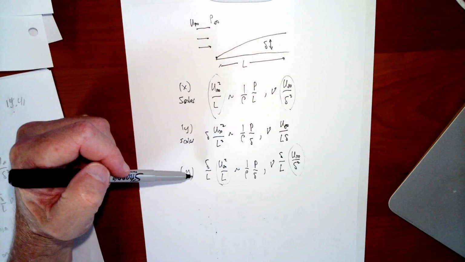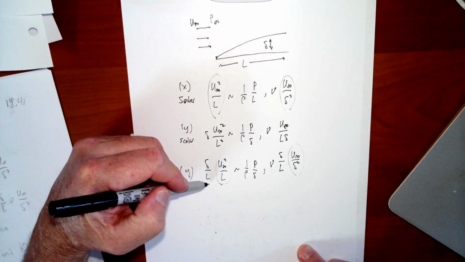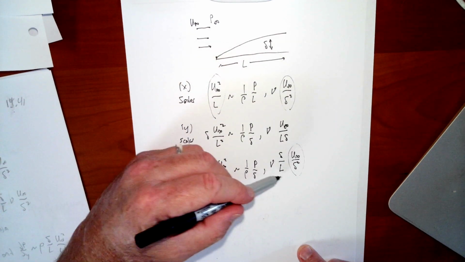The y momentum equation scales can be rewritten by pulling this delta over L out of the inertial term and the viscous term.